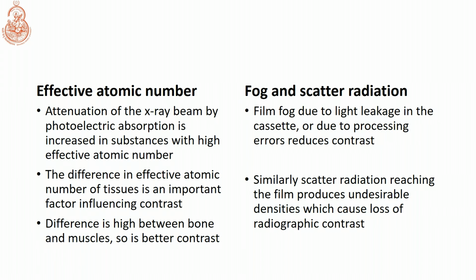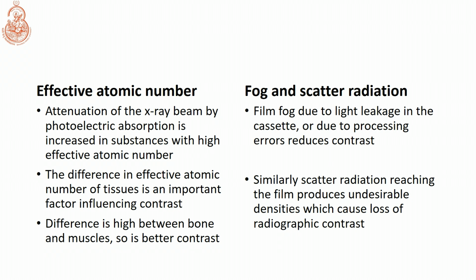So we get a very good contrast if we view a radiograph where there is presence of bone and muscles together. It is the same principle by which contrast radiography also works. We are going to have either a positive contrast agent or a negative contrast agent, which is going to define the other structures and make it different by changing the contrast.